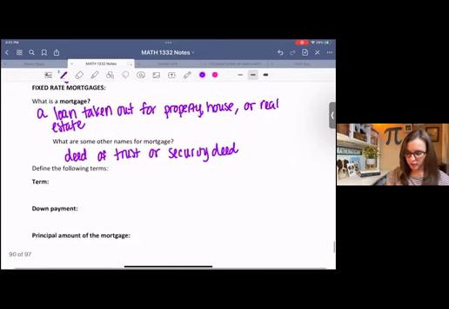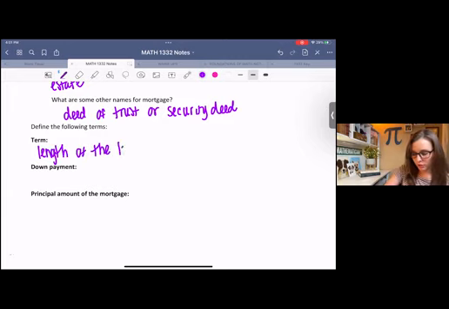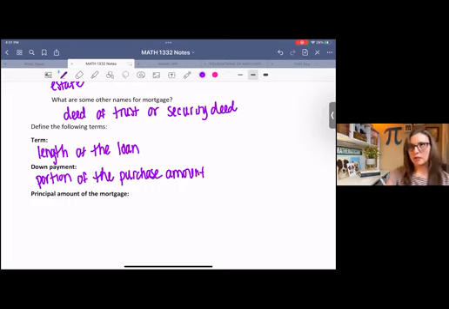Some other terms that we need to define before we get into it are, well, the first one is term. And term is the length of the loan. Down payment is a portion of the purchase price, purchase amount, that you pay first, basically.